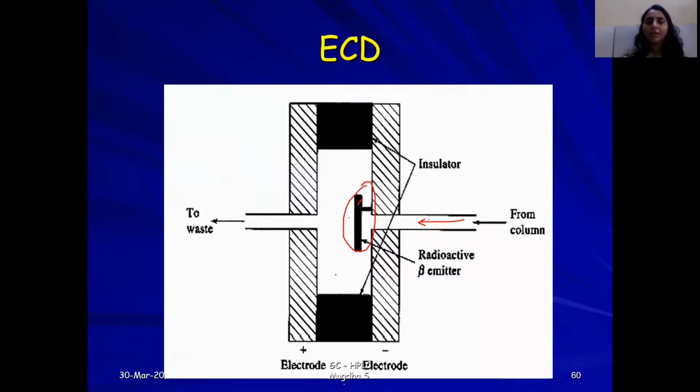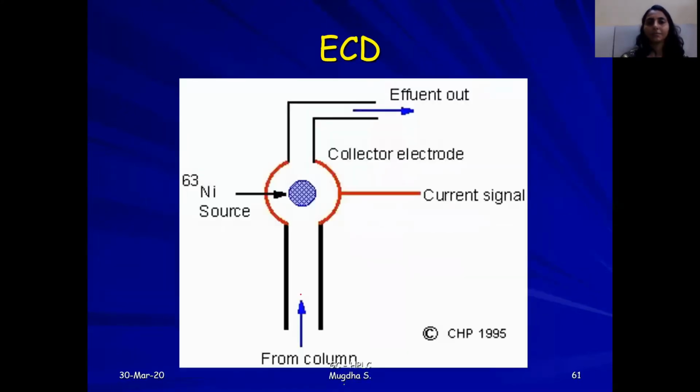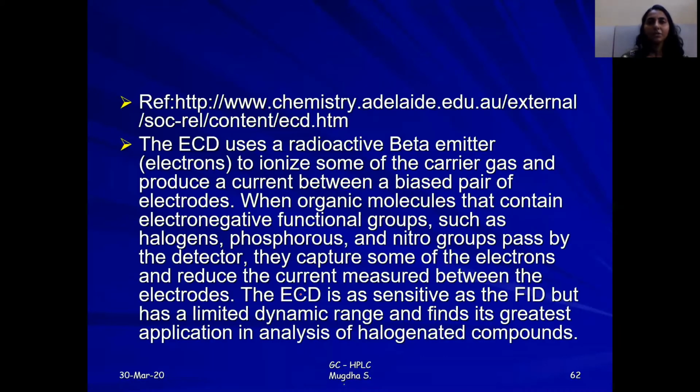Now these are collected at these two electrodes, positive and negative, and there is a continuous current flowing. The moment there are halogens, this ionization current reduces, and we can then detect that there is a reduced current, and the difference in the current will be directly proportional to the amount of halogens present inside the detector at a time. This is an explanation for it. So it is normally used for organic compounds.